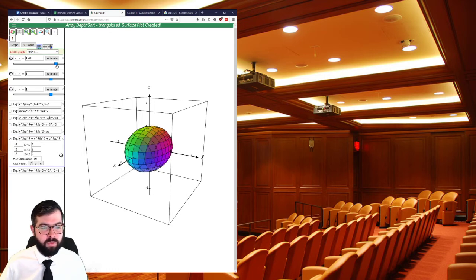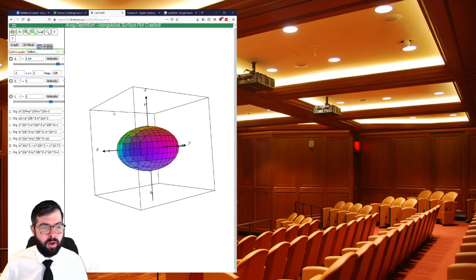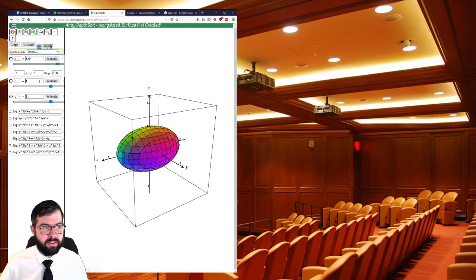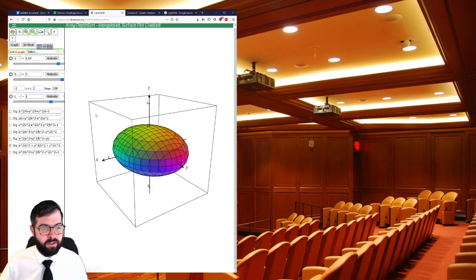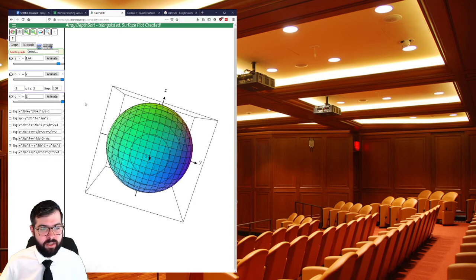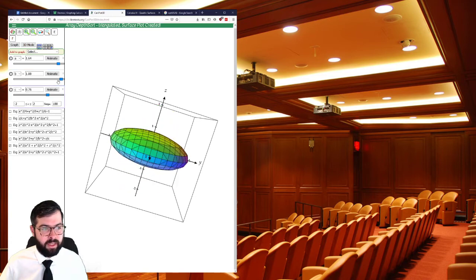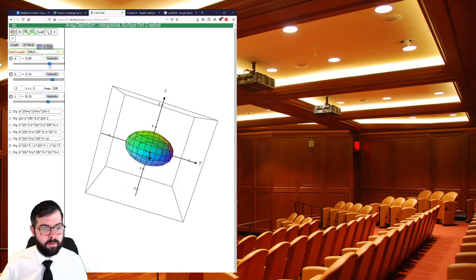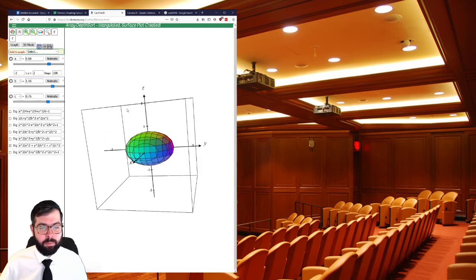But if we move that a value up, it's going to stretch along the x-axis. Same with the b value. If I increase that, it'll stretch along the y-axis. Shrinking or increasing c stretches it along that axis. All right, and this is what we call an ellipsoid.